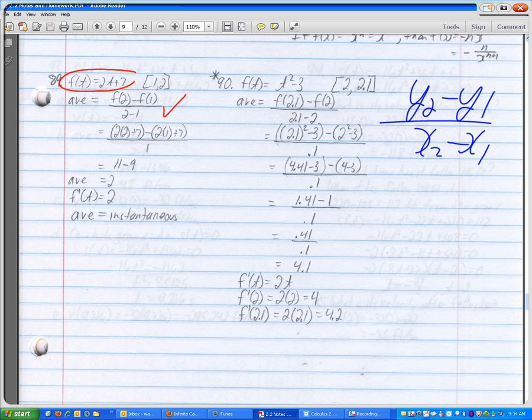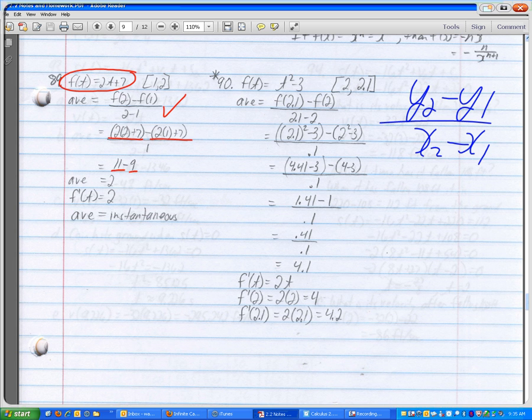There's f. So if we want f of 2, that'd be 2 times 2 plus 7, minus f of 1 would be 2 times 1 plus 7. In the denominator, 2 minus 1 is 1. So let's see, 2 times 2 is 4, plus 7 is 11. 2 times 1 is 2, plus 7 is 9.